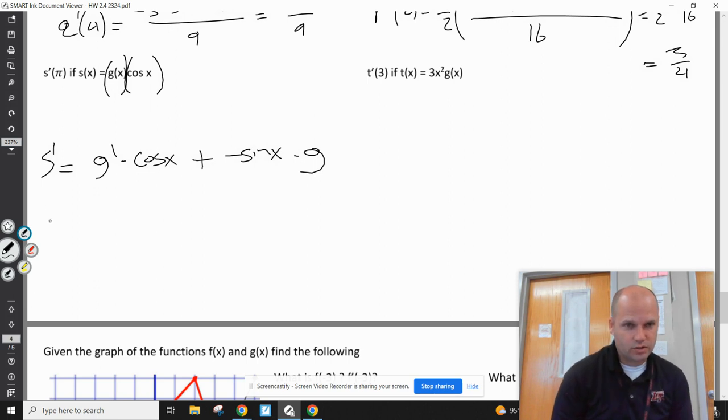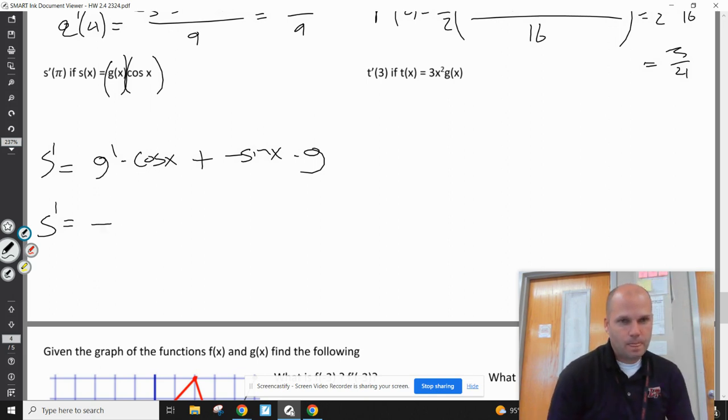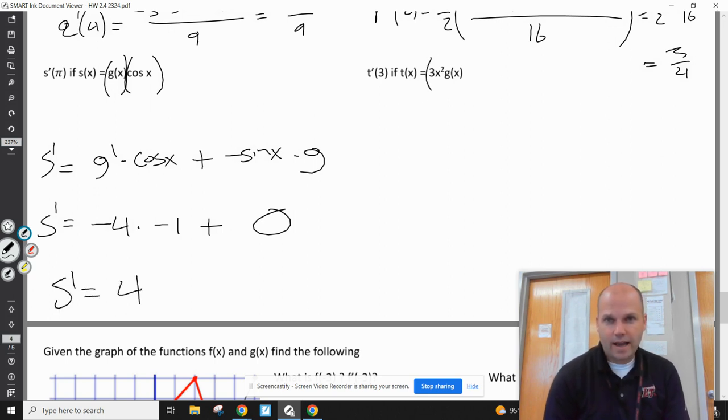It's just like a shortcut, which sometimes is bad. At pi, G prime of pi, -4. Cosine of pi, -1. Sine of pi is 0, so I don't care what G of pi is. My answer is just positive 4. X's times X's again.